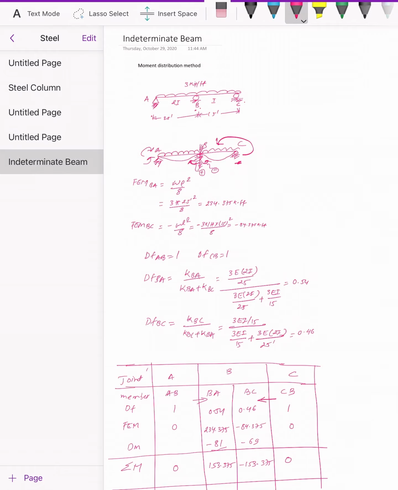I think it appeared in one of the exams. I won't say which exam it is, but this is really important if you're preparing for any structural exam, FE, whatever.